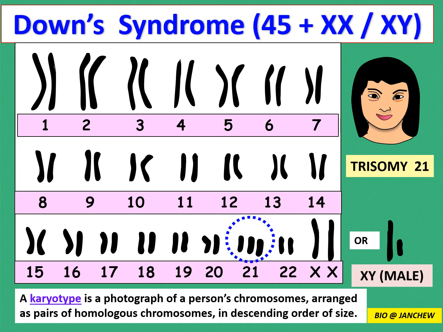Now let us try to identify the karyotype for all these individuals which have chromosomal mutations. Here we see a karyotype, which is a photograph of a person's chromosomes arranged as pairs of homologous chromosomes in descending order of size from the largest to the smallest, and the last pair is a pair of sex chromosomes.